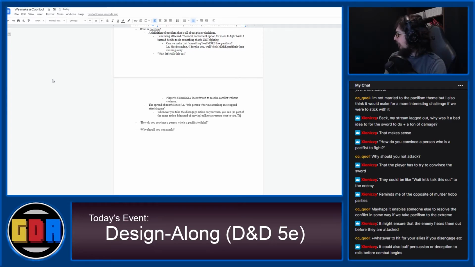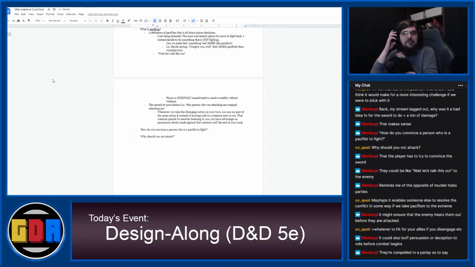I'm not going to write a real rule here, I'm just going to put together a couple quick steps. That creature spends its reaction listening to you. You have advantage on persuasion checks against that creature until the end of your turn. Right, something like that. Yeah, let's give it full advantage.